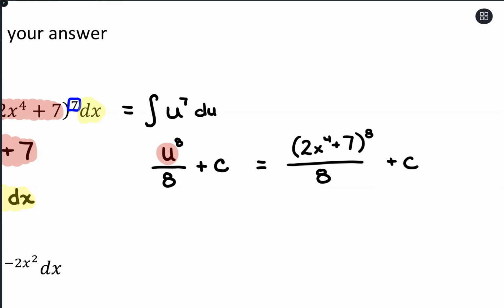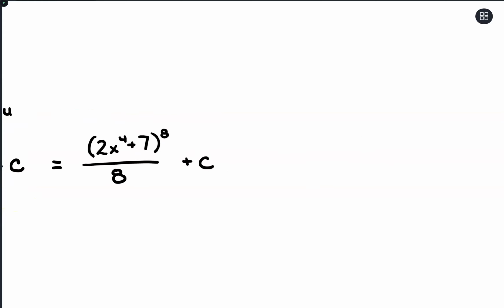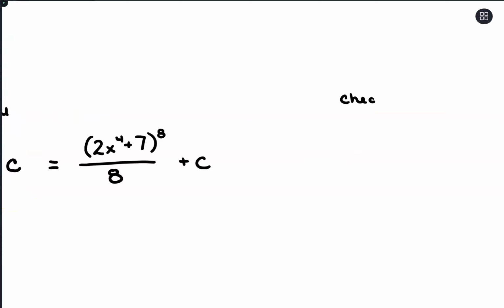Then you could check your answer. You can always check by taking the derivative of what we ended up with. So if I wanted to check, I'm just going to switch this around a little bit, and have it be 1/8 times 2x to the 4th plus 7 to the 8th power plus c. Then I would take the derivative. So plus c is going to go away.